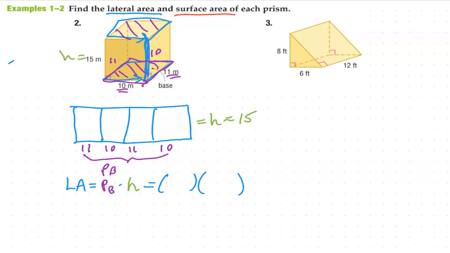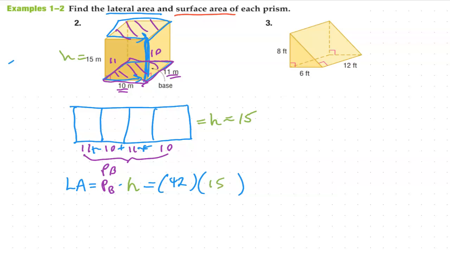That's 22 plus 20, which is 42. You can check my math. So the way that I did that is I just went ahead and added all these. Okay, so that's 42. And then the height is 15.